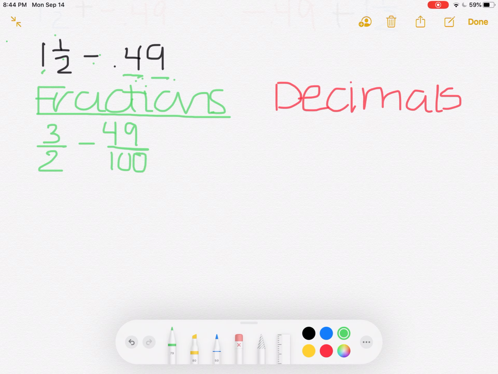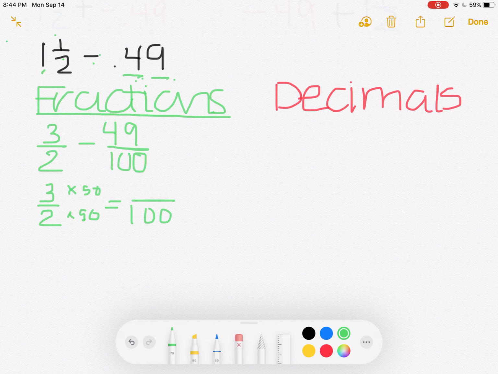Okay, our common denominator here is going to be 100. So in order to make 3/2 have a common denominator of 100, we have to multiply the numerator and denominator by 50. 2 times 50, we get 100.